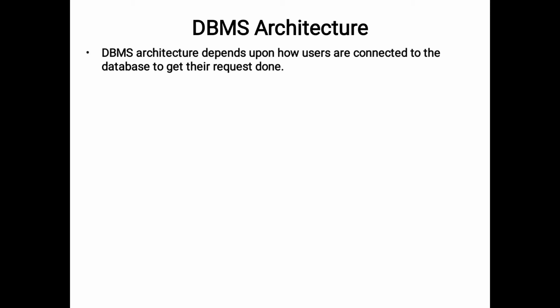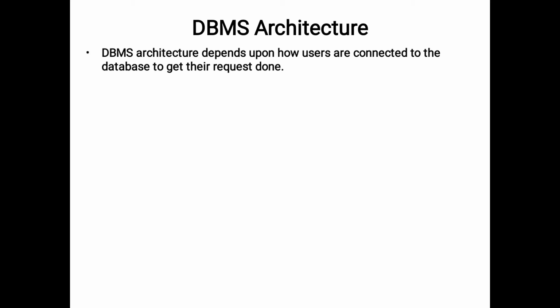Here we have the front end users only. So the architecture depends upon how users are connected to the database. How will we connect to the database? In data abstraction we already discussed one point: the users are not directly connected to the DBMS.